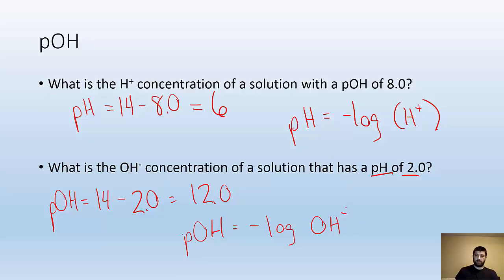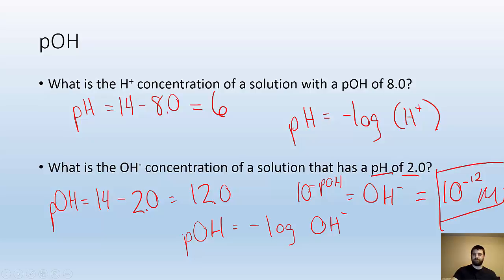So now I do the same thing, I rearrange some stuff, and I get 10 to the negative pOH equals the OH minus concentration, which is going to give 10 to the negative 12 molar. So that's how I do that problem.